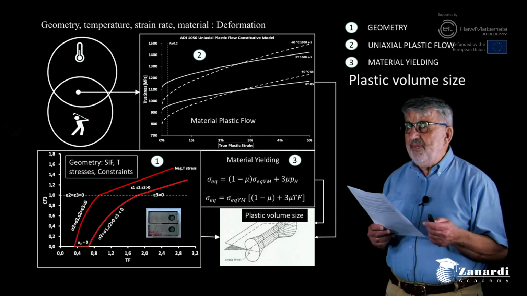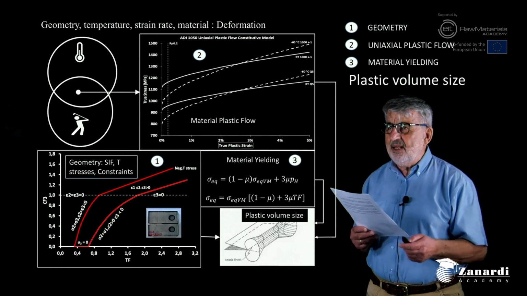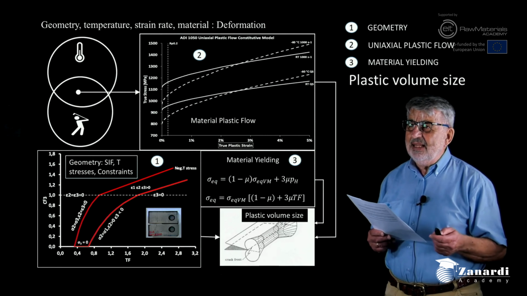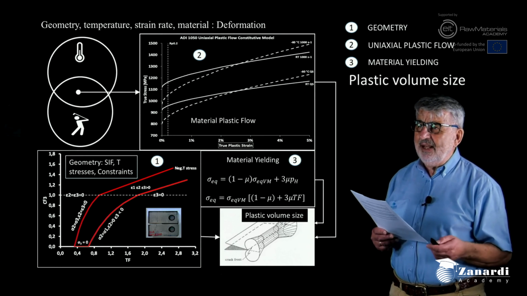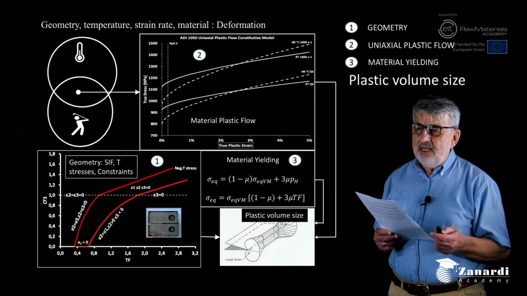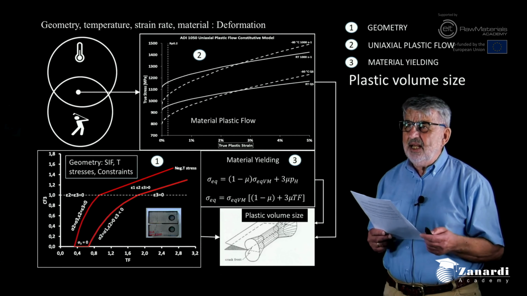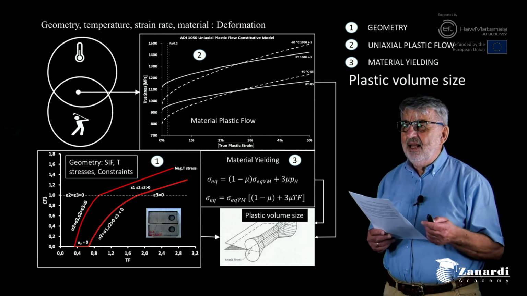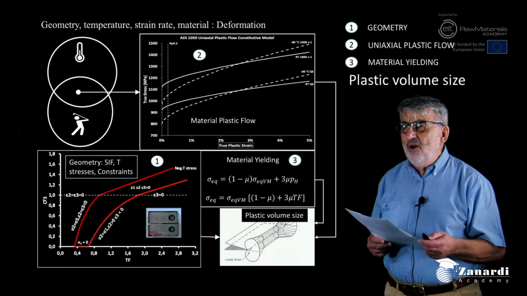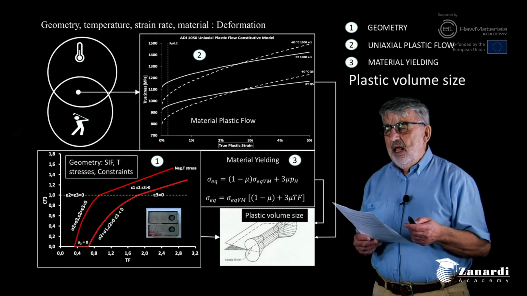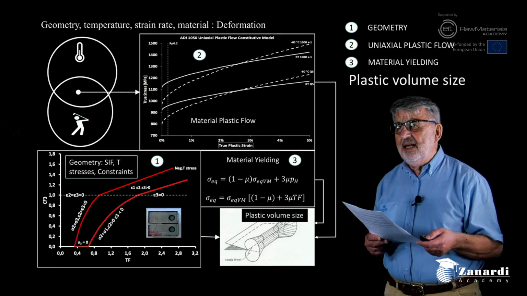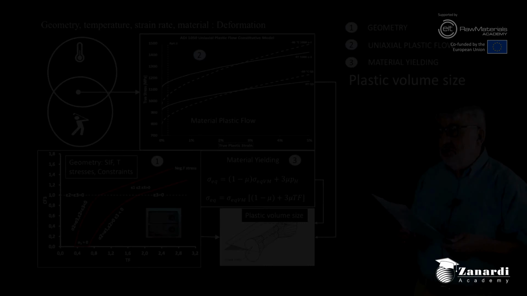And if we think that to this yielding surface we can associate also the different necking behavior after the considered conditions, we can imagine that each material will have a different response on the plastic volume development beyond the crack tip.